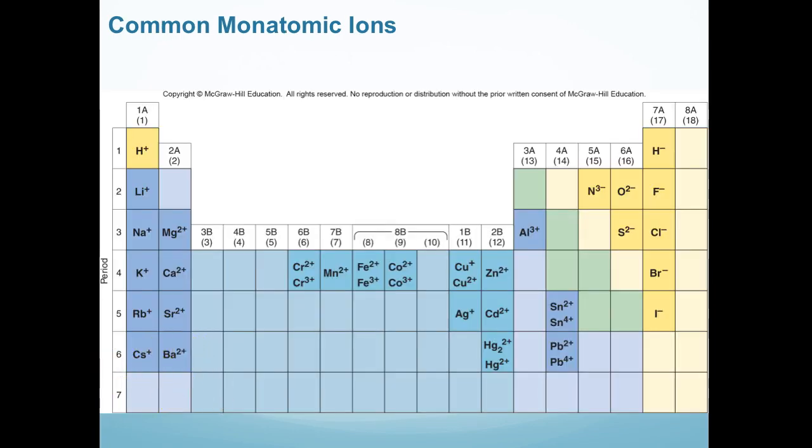We have just a reminder of where we find all of our +1, +2 charges, -3, -2, -1 for our halogens. Notice that hydrogen can be +1 or -1. If it is -1, we call it hydride, so that's something else to add. And then you can look at our four exceptions: silver, zinc, tin, and lead.